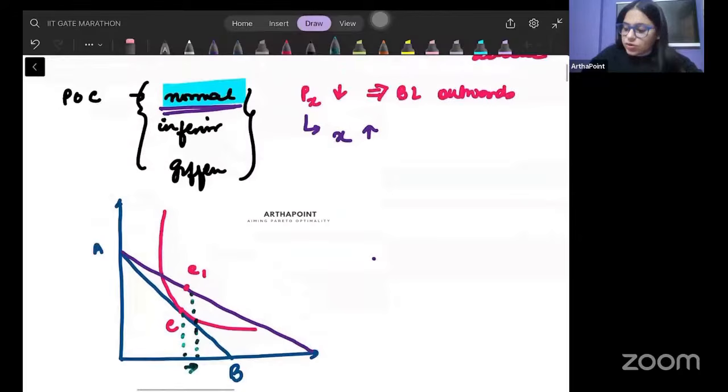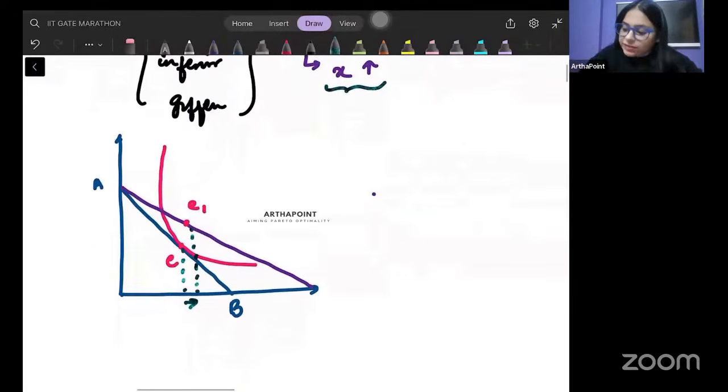So the price of good X decreased, demand of good X increased, fine. Now just think about it. What if I draw my equilibrium point at E2? Then also I've increased the demand of good X. What if I draw my equilibrium point at E3?